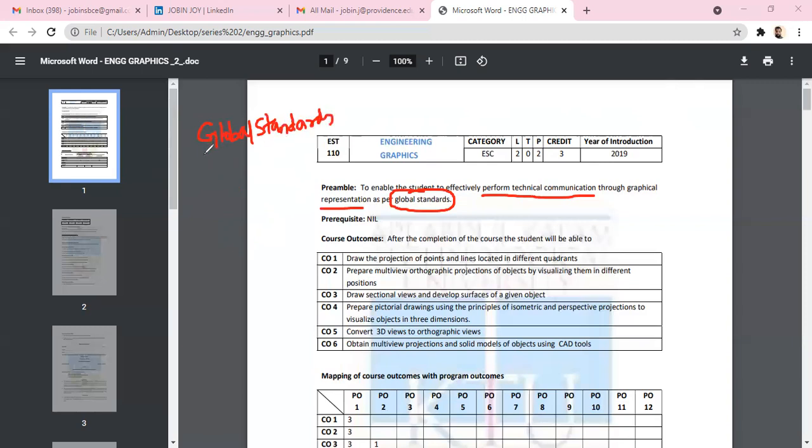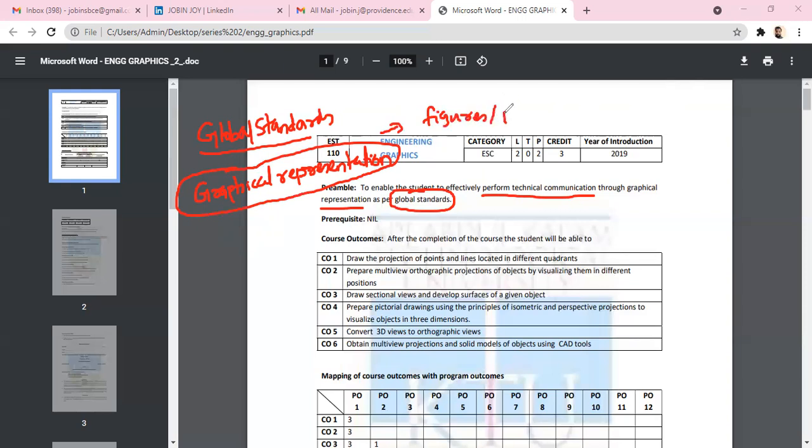Graphical representation means through figures, drawings, or sketches, etc.